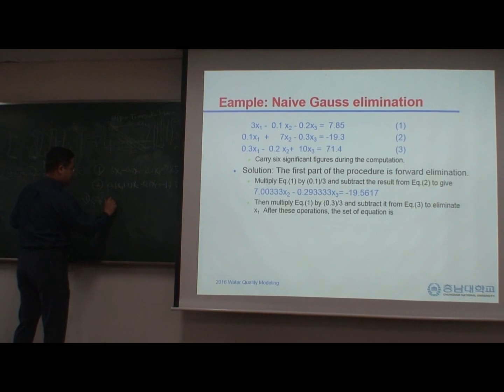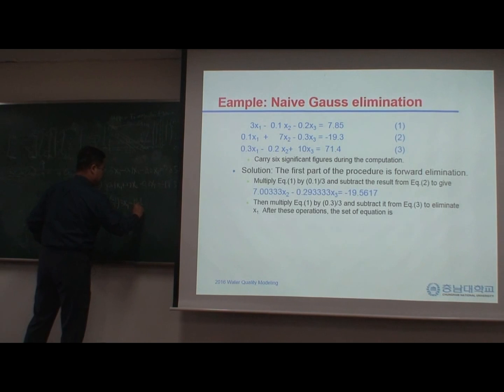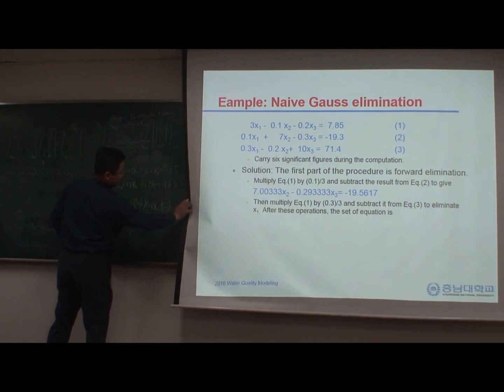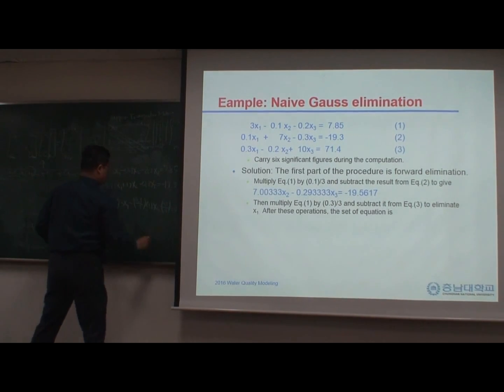And this is 0.1 divided by 3 and 3x1 minus x2, and which is, we can also use this one right there.